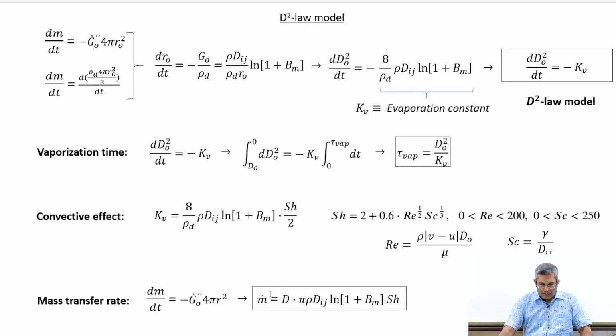And finally, we could get an expression for the mass transfer rate, or rate of change of mass of the particle. This is our final target. We wanted a model for this, to close the mass conservation equation, and this is what we get.